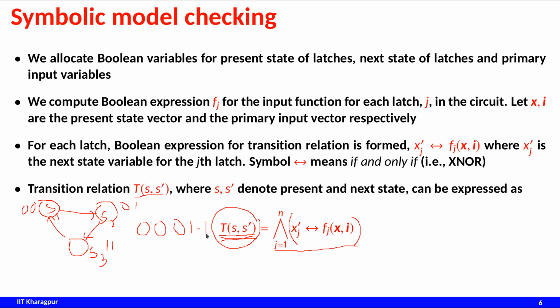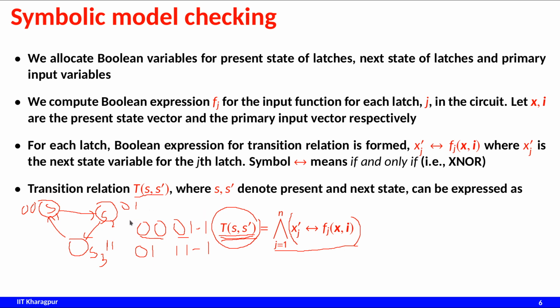I represent that when the present state is 0 0, meaning it is in S1, and the next state is 0 1, then there is an edge. Similarly, for this edge, when it is 0 1 and the next state is 1 1, then my output should be 1, and similarly for this edge.